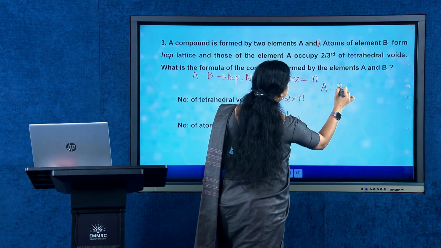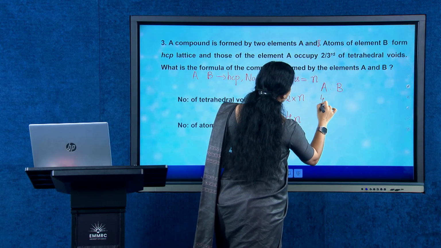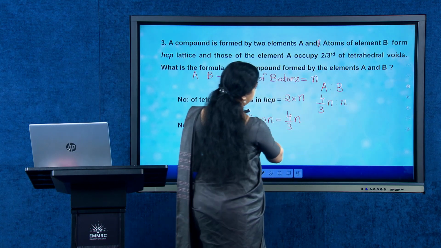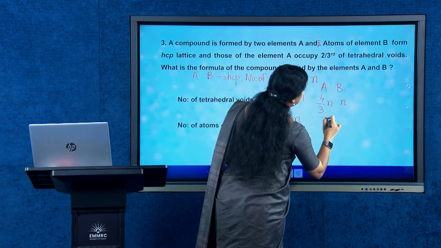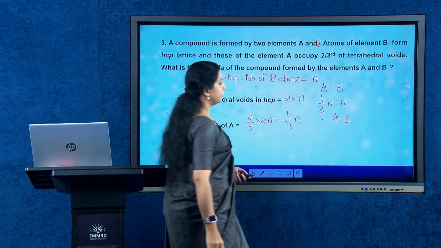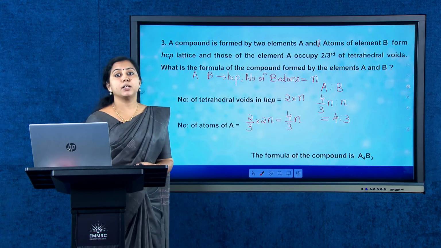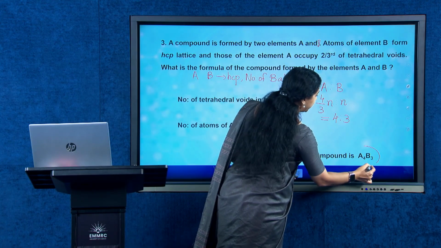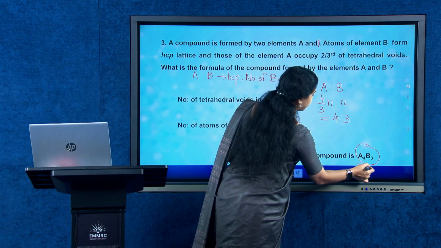A is to B can be written as 4 by 3 N is to N. That gives rise to 4 is to 3. So, we can write the formula of the compound as A4B3.